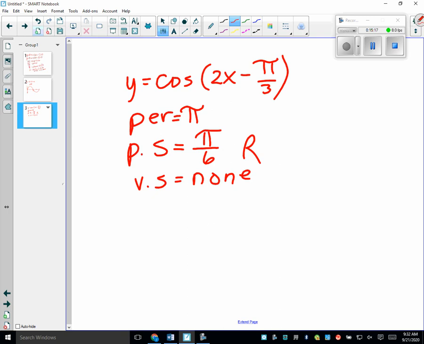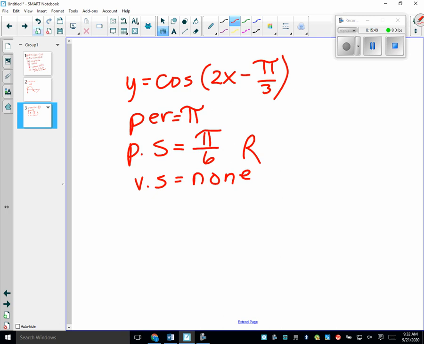Now, this is a cosine graph, right? You're going to graph one period, which means when you go to your window, you're going to graph from 0 to pi. Why? Because the period is pi.